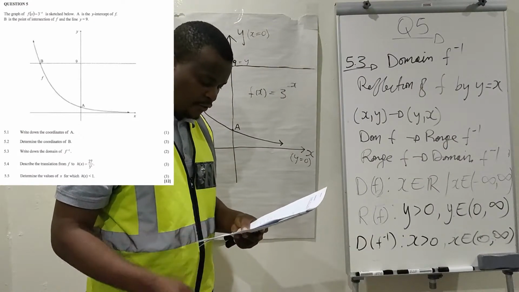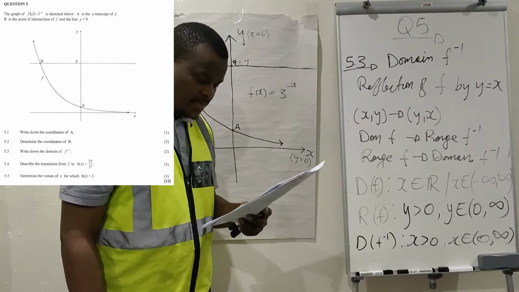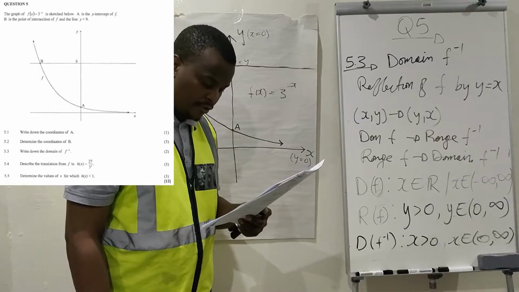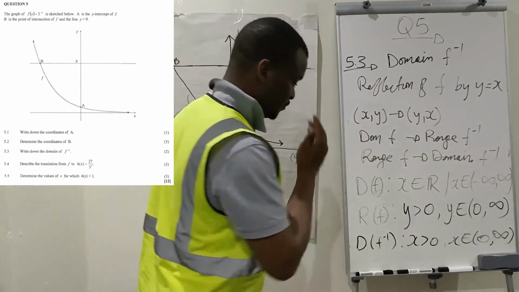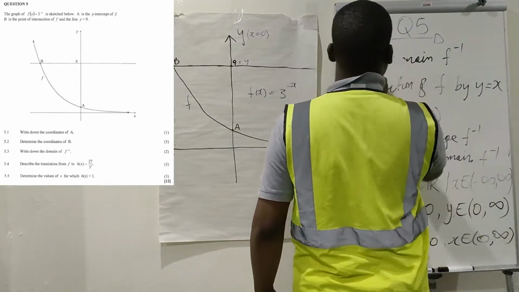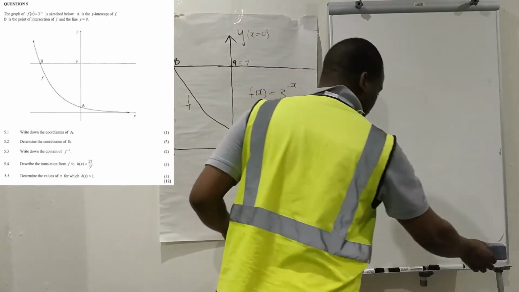5.4: describe the translation from f to h of x. Okay, so we do question 5.4 now.